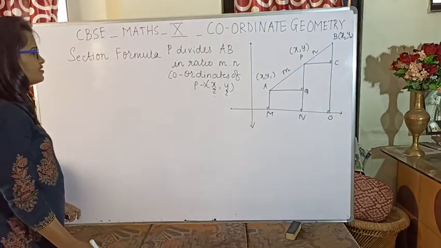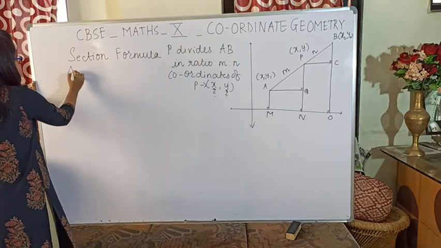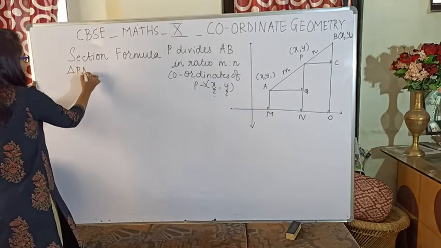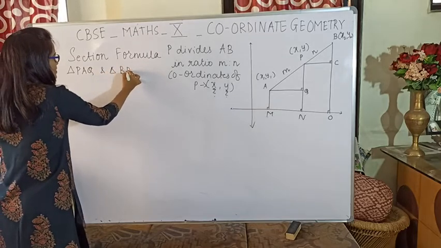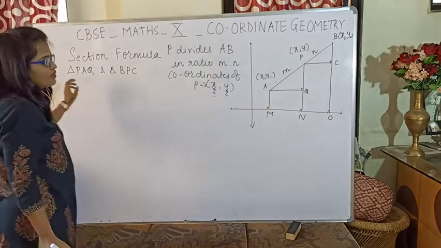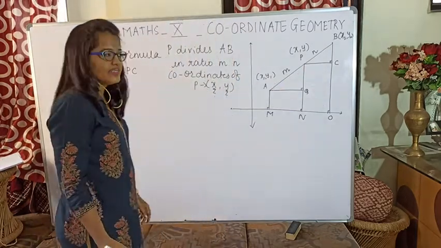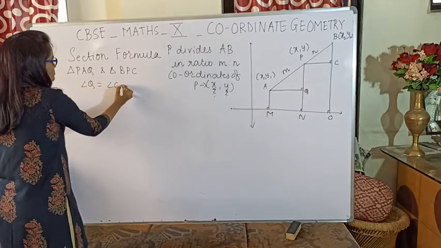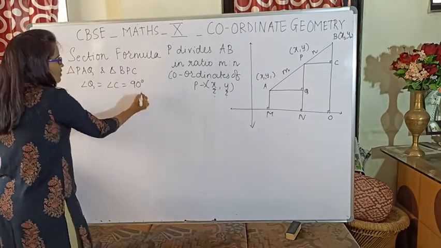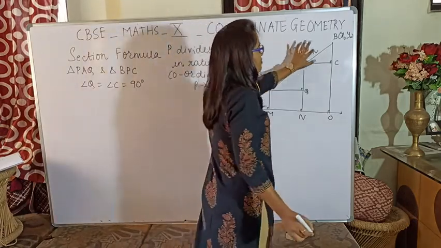Let us see in triangle PAQ and triangle BPC, are the two triangles similar? Angle Q and angle C are both 90 degrees, so I have got one angle which is equal. Is angle APQ equal to angle PBC?